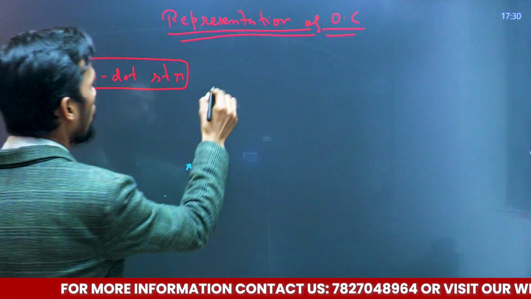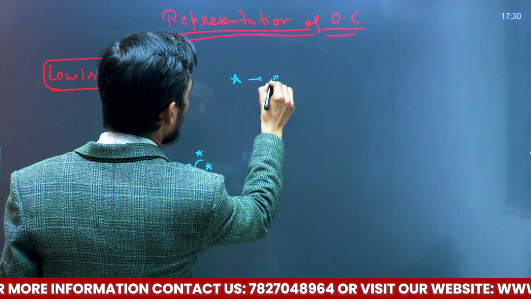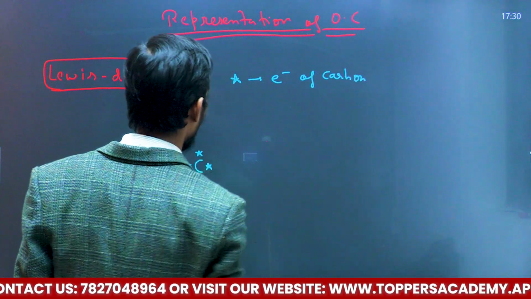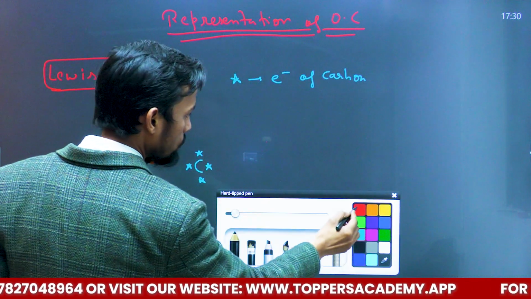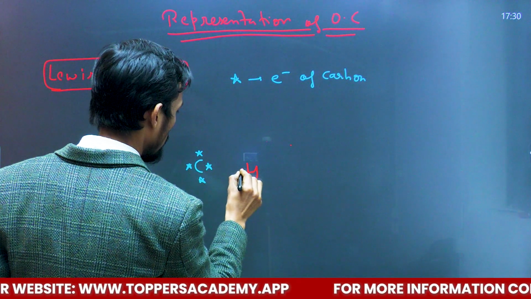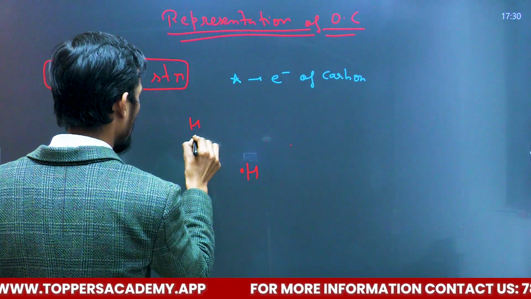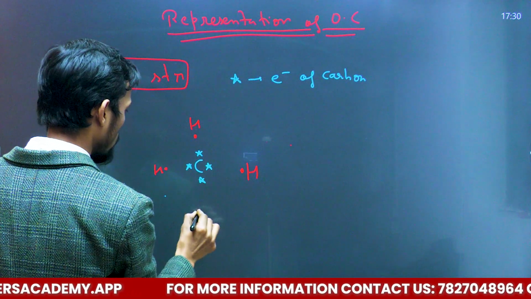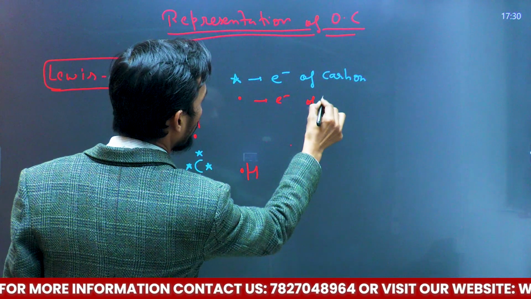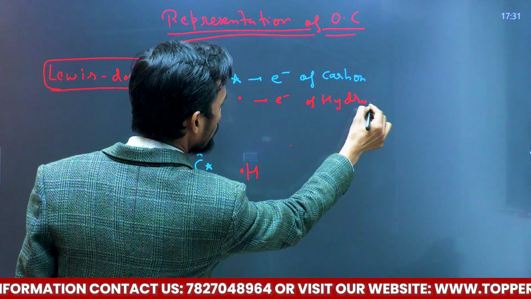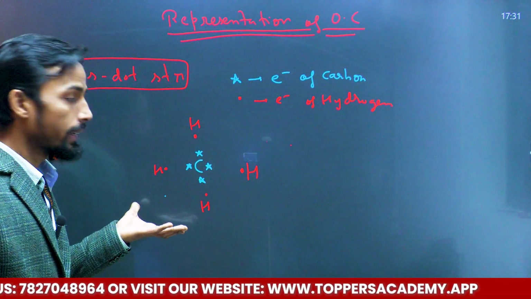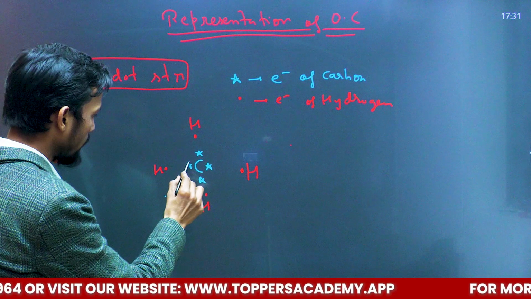These 4 electrons of carbon are being shared with electrons of hydrogen, and these are the electrons of hydrogen. If you see at this side, we can see there is a sharing of electrons.